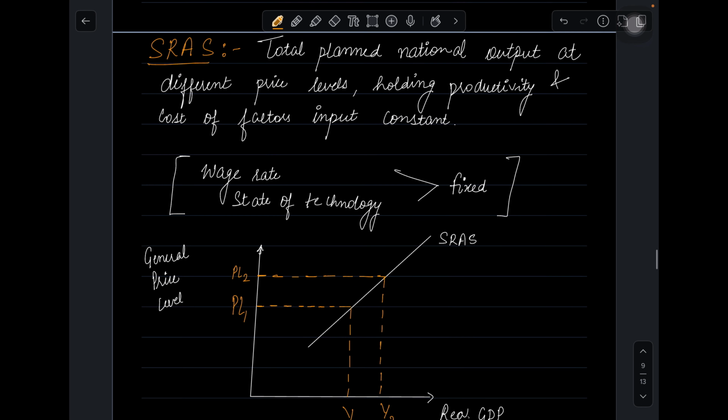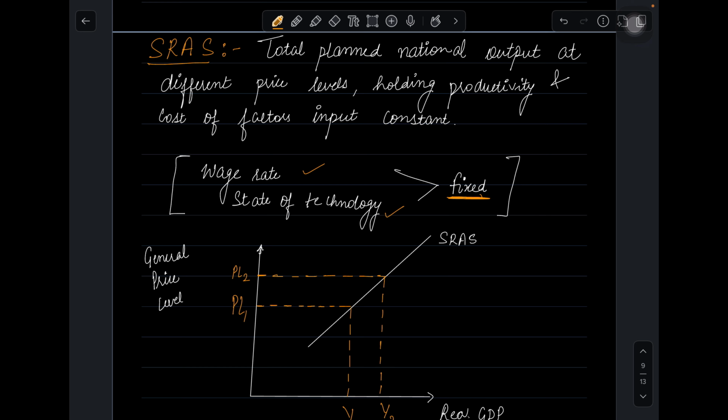Let's discuss SRAS first. Before knowing SRAS, we must understand the difference between short run and long run. In the short run, we assume that our cost of factors of production is constant. So here wage rate and state of technology is fixed. It does not change.